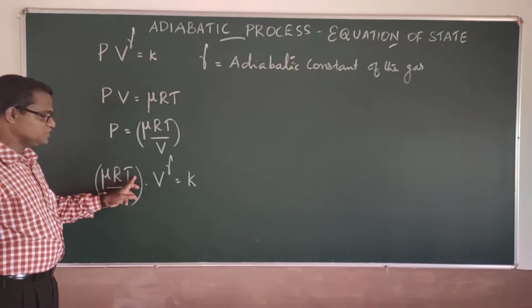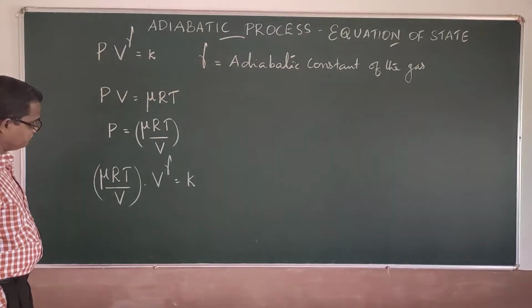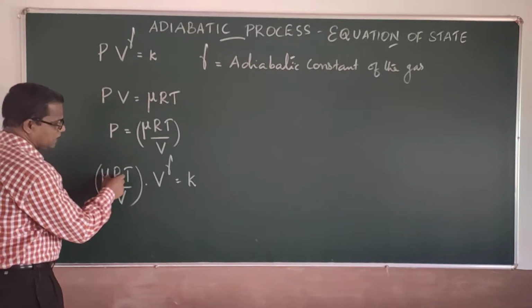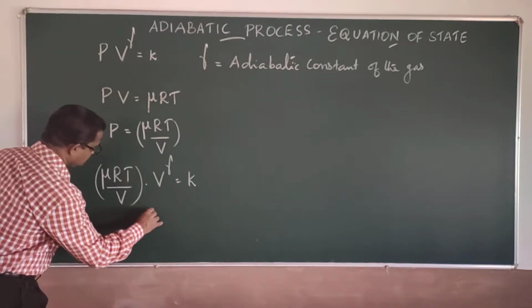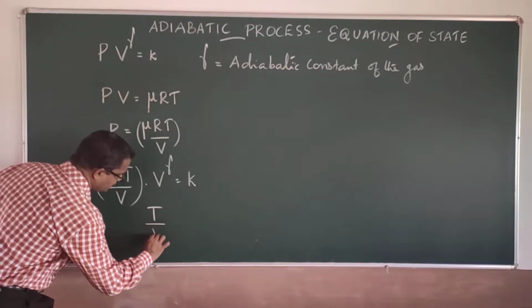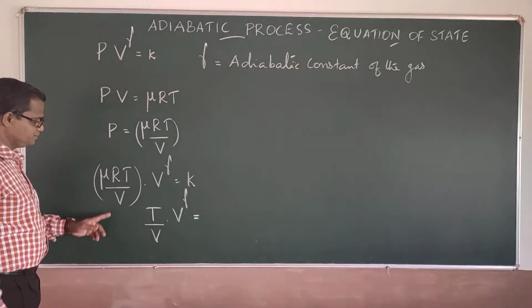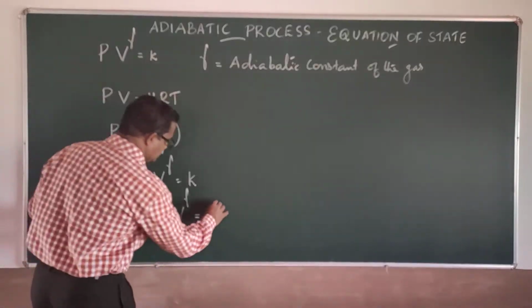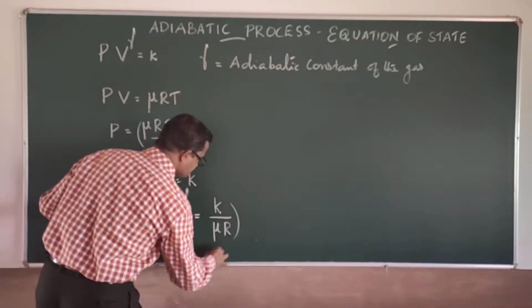Temperature is there. So mu and R are constant, and therefore I take this mu and R to the right hand side. So what I get is T by V into V raised to gamma equal to K divided by mu into R.